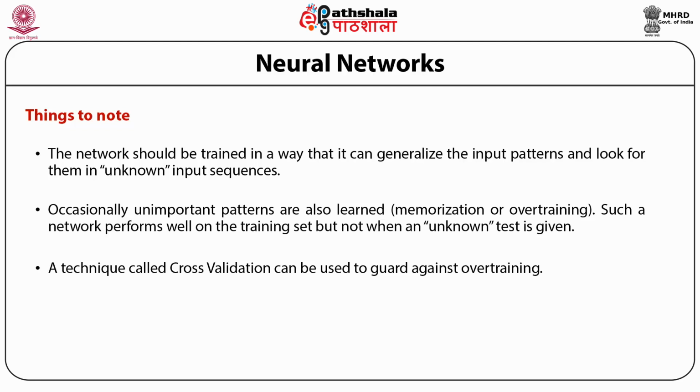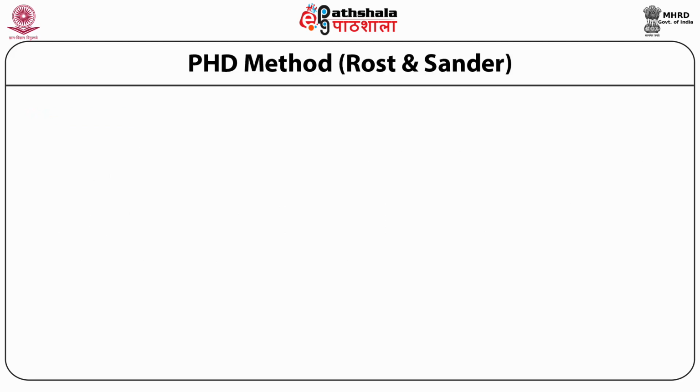Now, one of the best neural network based methods is the so-called PHD method due to Burkhard Rost and Chris Sander. What it does is use neural networks and combine them with sequence profiles. We had earlier discussed sequence profiles in the talk on pattern recognition on sequences.